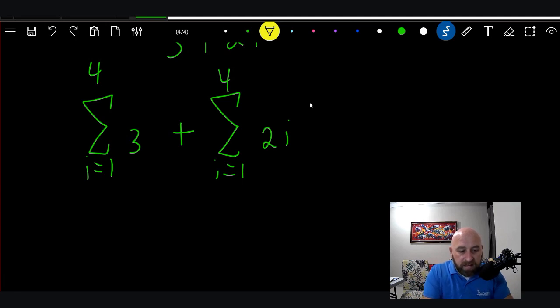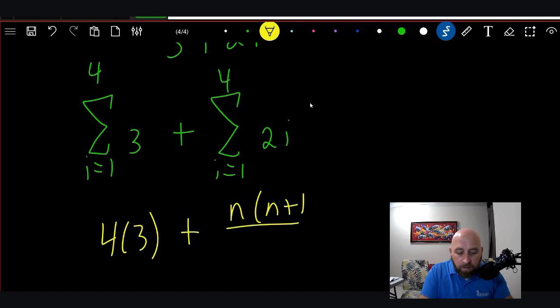This is the Cn, so that's going to be 4 times 3 plus, and this one is not a square, so it's just the n times n plus 1 over 2. We'll just plug into that. We'll plug in our n is 4.